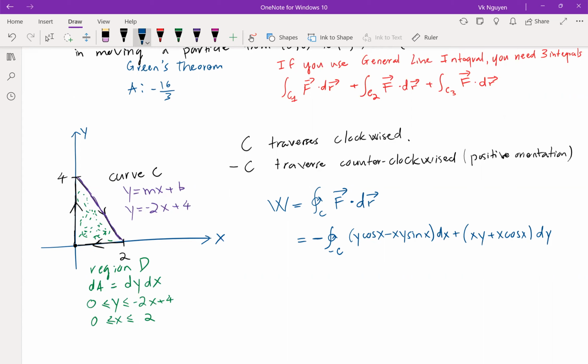Okay, so now, well, we see that C is closed and bounded, right? Traversed counterclockwise is negative C. We integrate with negative C, not C though. Negative C is closed and simple, traversed counterclockwise.